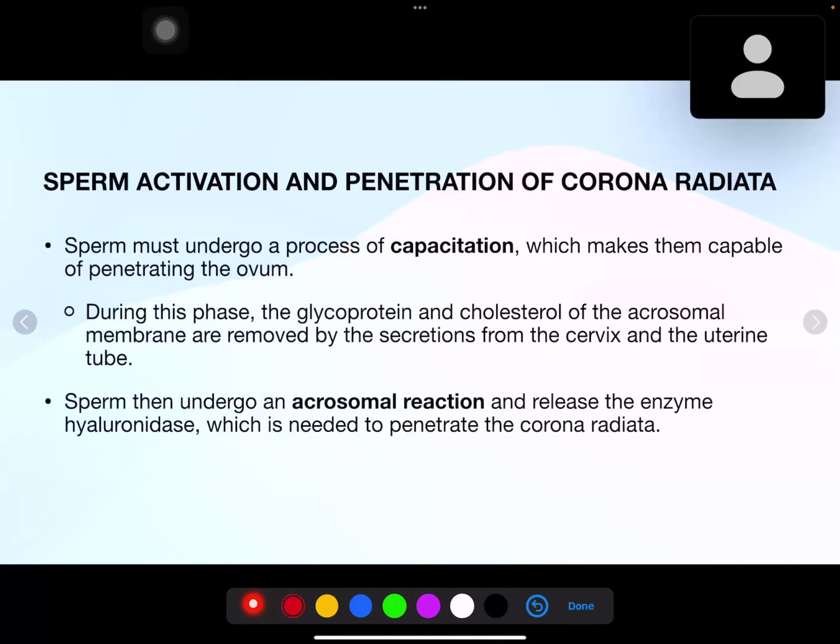Now these are the steps of fertilization, how the sperm gets to enter the oocyte. There are a few things the sperm has to do. First, sperm activation and penetration of the corona radiata. Sperm must undergo a process of capacitation, which makes them capable of penetrating the ovum.